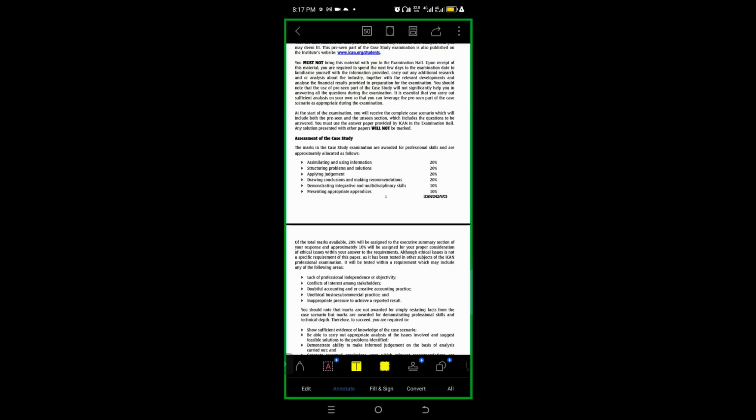Now, the reason why they are saying this is that, in a way, they hide the important part of the exam from us, right?